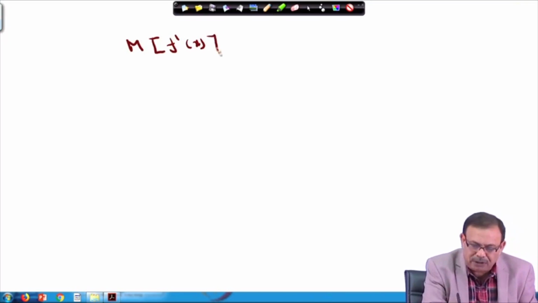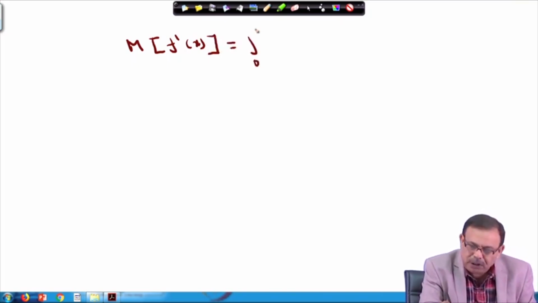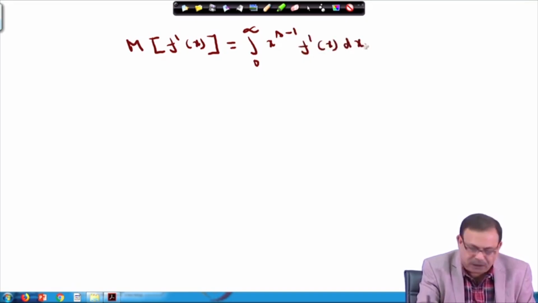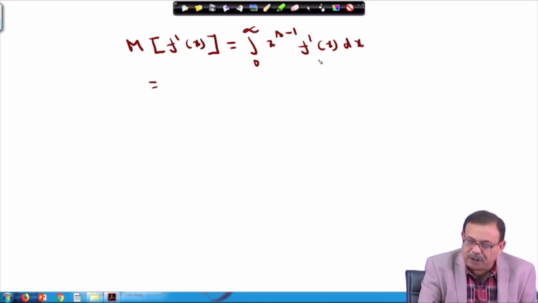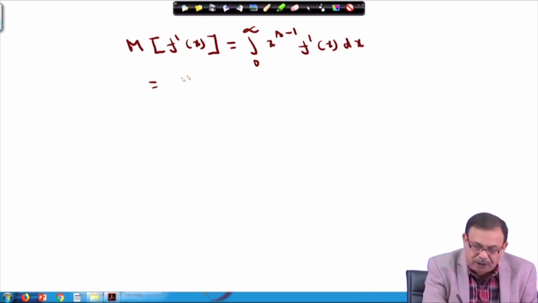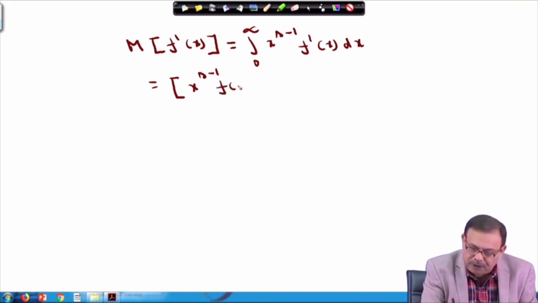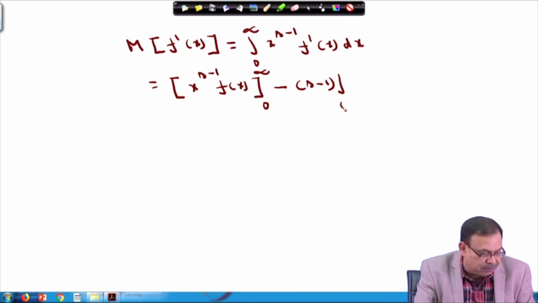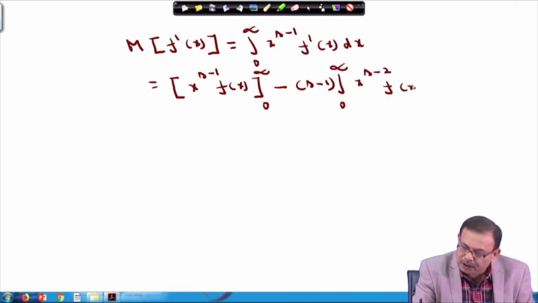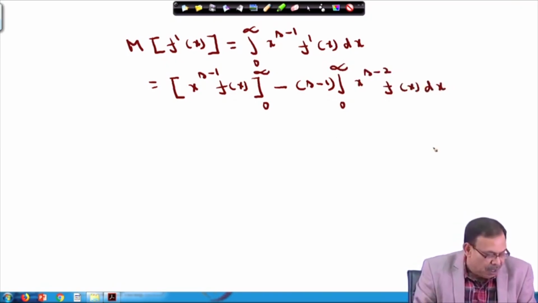To prove this, we start with the left hand side, that is the Mellin transform of f dash x. From the definition, this equals the integral from 0 to infinity of x to the power s minus 1 f dash x dx. Now, if I use integration by parts, this will be x to the power s minus 1 into f(x) from 0 to infinity, minus the derivative, (s minus 1) will come, the integral from 0 to infinity of x to the power s minus 2 into f(x) dx.